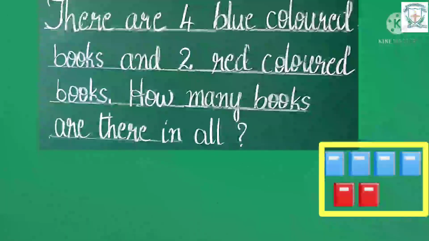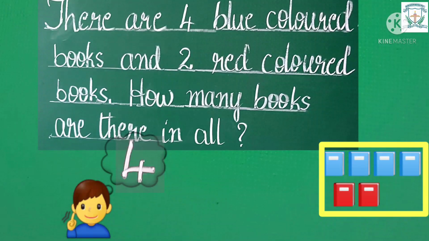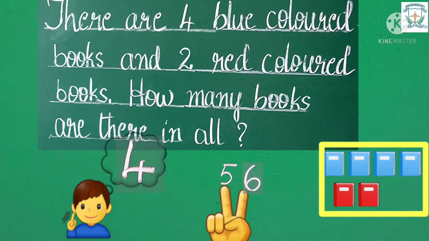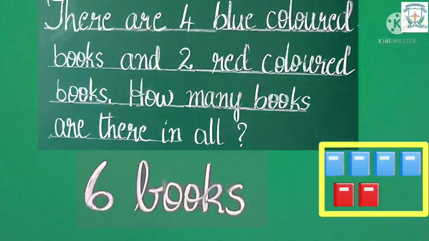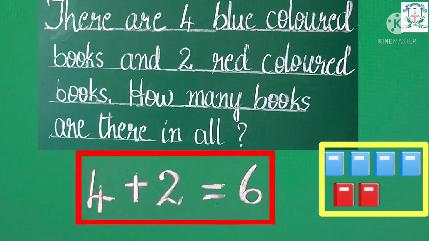So let us add 4 and 2 as 4 in the mind and 2 fingers up. After 4: 5, 6. So we can say that there are 6 books. We read it as 4 plus 2 is equal to 6.